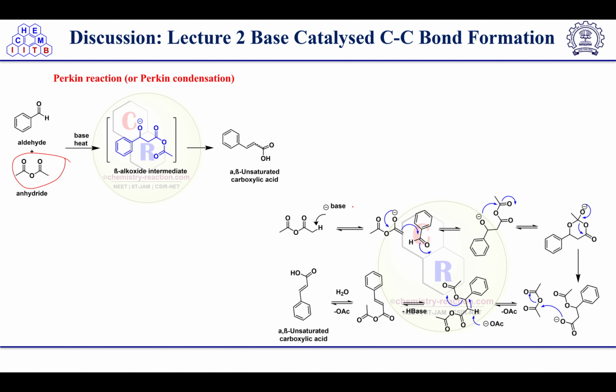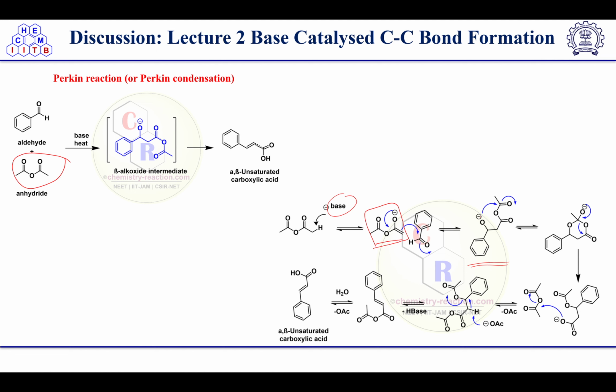Here you can see the mechanism. So the base will abstract the proton here and it will form this enolate. After the formation of this enolate, it will attack the aldehyde carbonyl center and form this intermediate. Then it will undergo an intramolecular reaction.